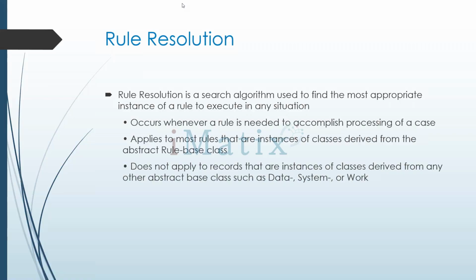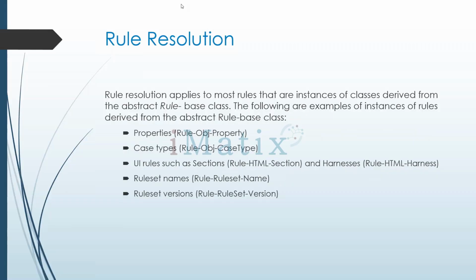Now when I say rule resolution going forward, I'll call this RR. This RR is exclusively for the rules of your application. It applies for all the rule instance classes. Any class that is extended from Rule will be part of this algorithm, be it your properties, rule object property, rule HTML sections, your activities, data transforms, decision rules, declarative rules.